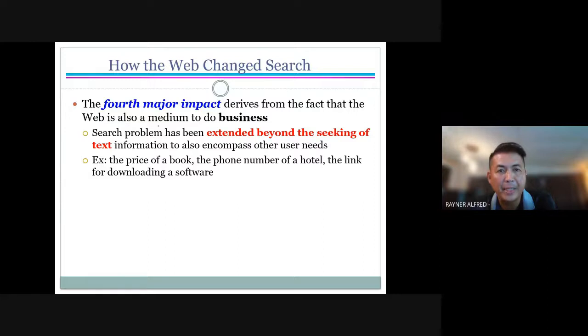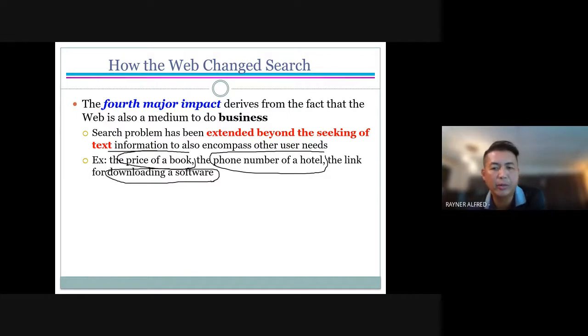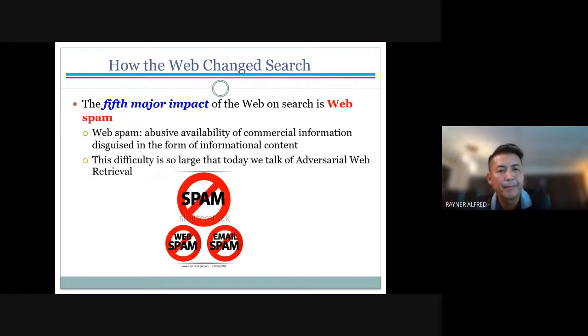Okay, the fourth major impact is that the search problem has been extended beyond the seeking of text information. So now you can look for the price of a book, the phone number of a hotel, the link for downloading software, and so on. So depending on the keyword that you type, we can get those answers. Okay.